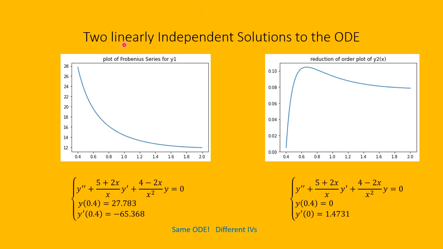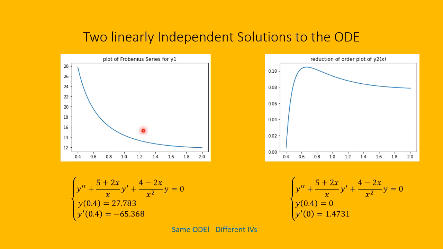So to summarize, we have two linearly independent solutions to the differential equation y double prime plus (5 plus 2x)/x times y prime plus (4 minus 2x)/x squared times y equals 0. This is a plot of the function y sub 1 of x, and we saw that y sub 1 of x satisfied approximately these initial conditions down here. Our function y sub 2 of x satisfies the same ordinary differential equation, but slightly different initial conditions.